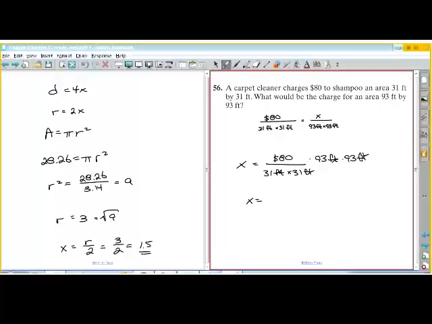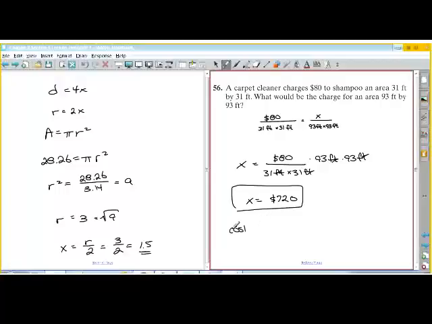So all I have to do is multiply the numbers together: $80 times 93 times 93 divided by 31 divided by 31, and I get $720. And you can see I have dollars here, so the final answer is in dollars. That is the amount it would cost me to do a rug this size.